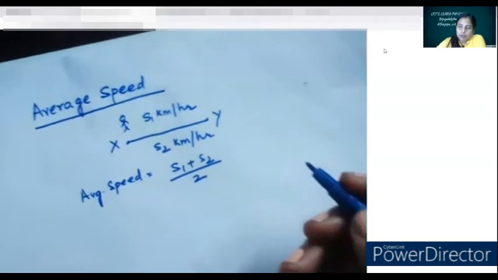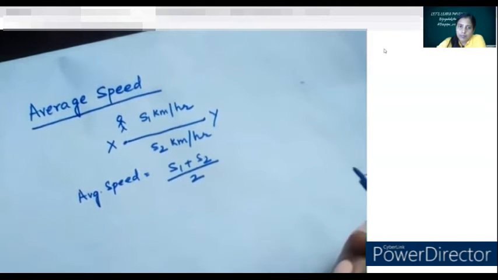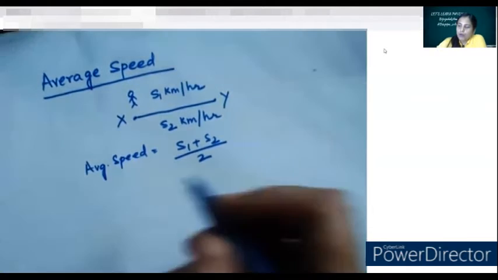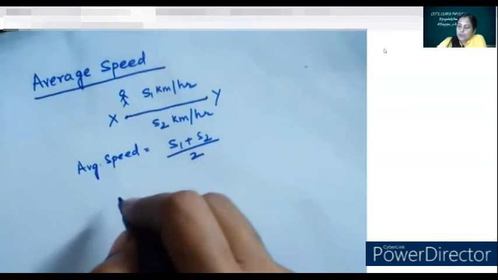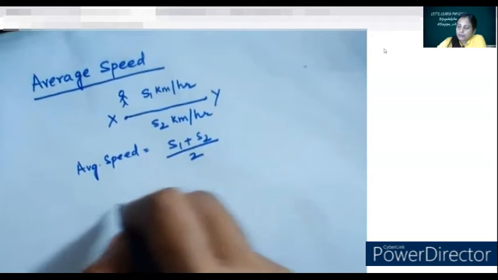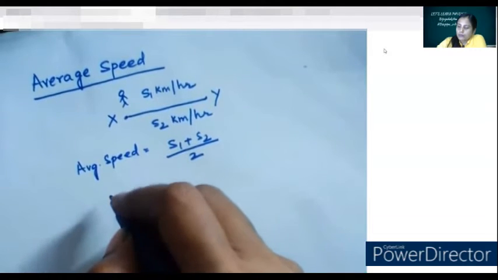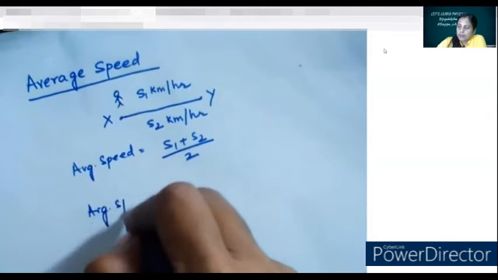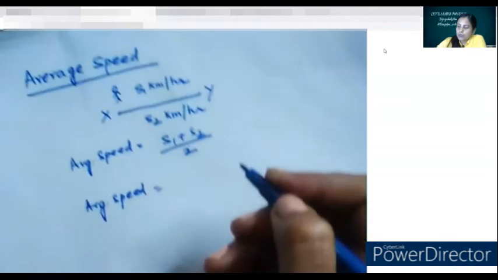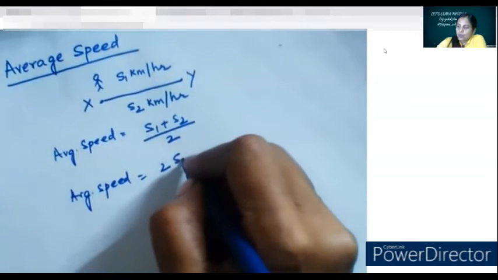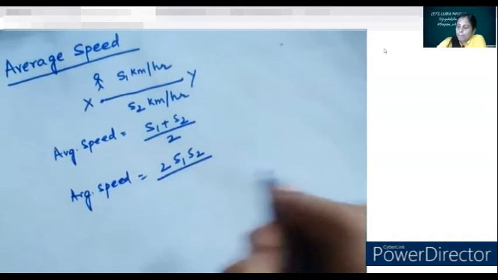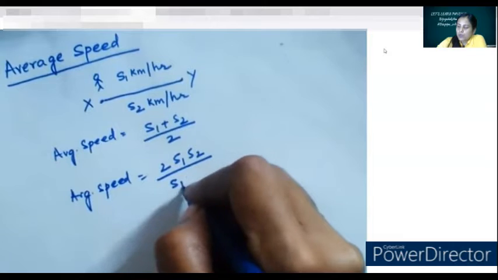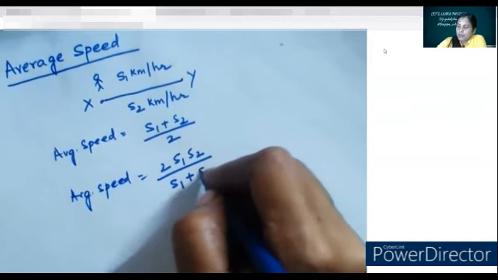According to the definition, total distance by time taken, or it will be this one: average speed is equal to 2S1S2 by S1 plus S2.